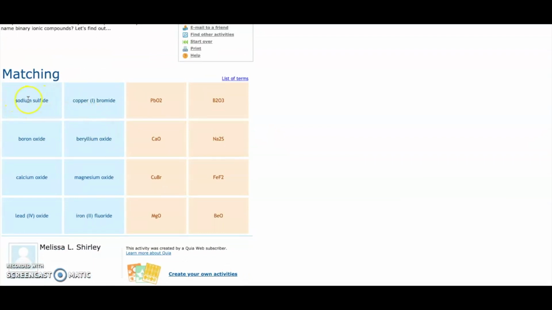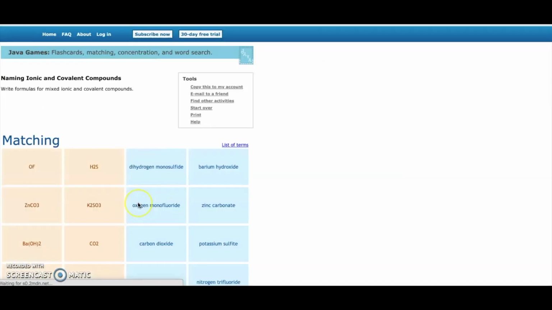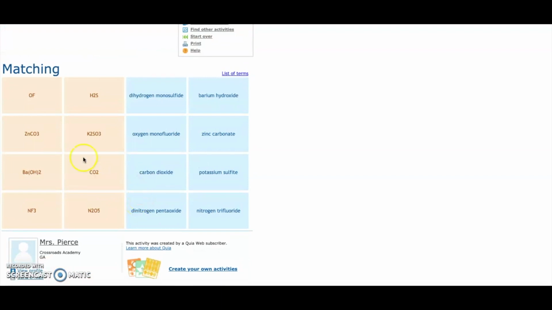So if I have sodium sulfide, if I look at the periodic table, I know sodium is Na. Here I see Na, and I can confirm that S is also sulfur or sulfide. Those two match. The covalent and ionic compounds are the same. You want to go ahead and match those together.